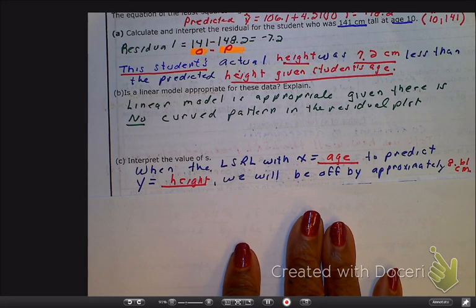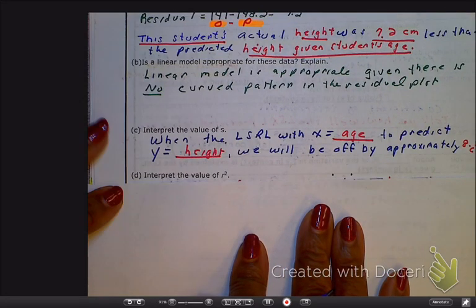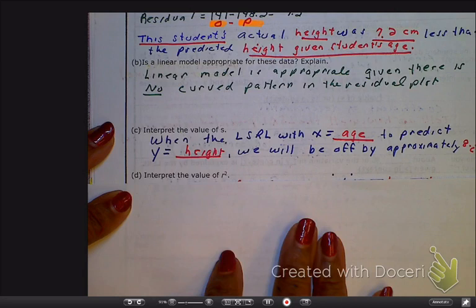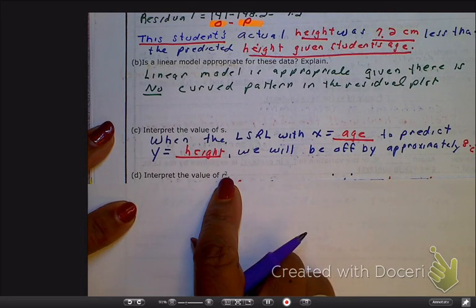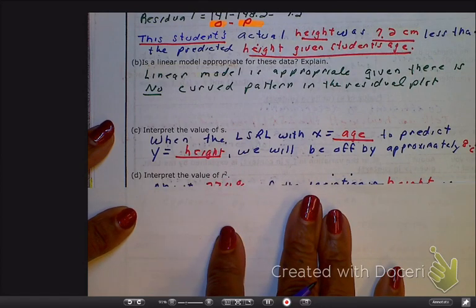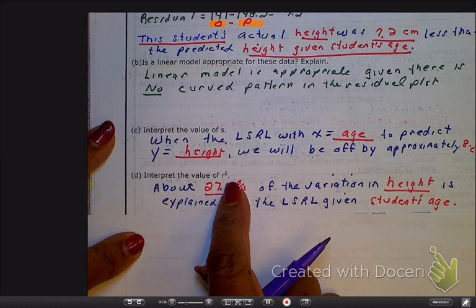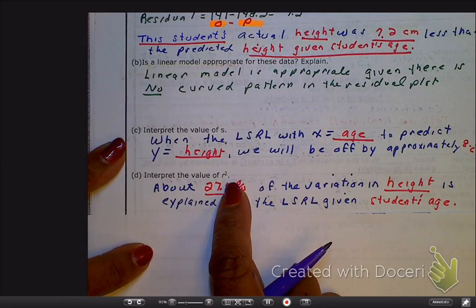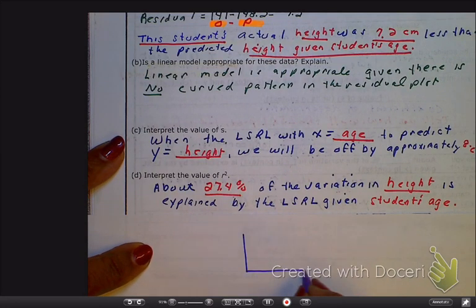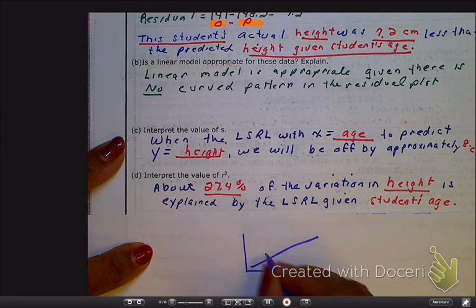Now, part D, interpreting the value of R squared. Remember, R squared stands for our coefficient of determination. It basically tells us how far our data is from that least squares regression line.